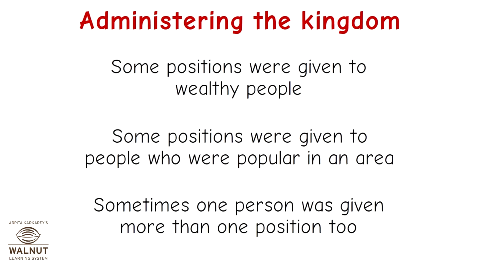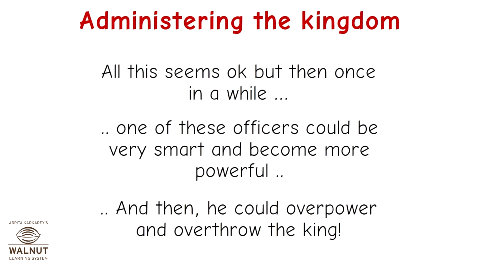Sometimes one person was given more than one position too. All this seems okay, but then once in a while, one of these officers could be very smart and become more powerful. And then he could overpower and overthrow the king.